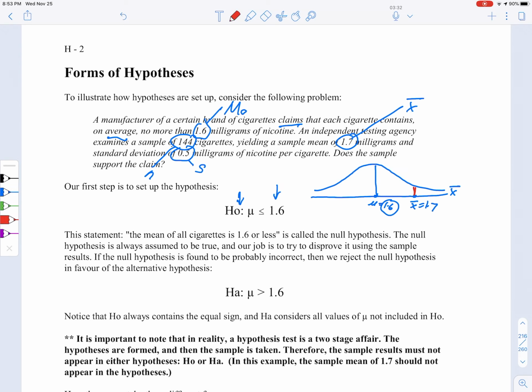So we can take a sample and find out where 1.7 falls in this distribution. We can figure out what this area here is. In this unit, we're going to call that the p-value.